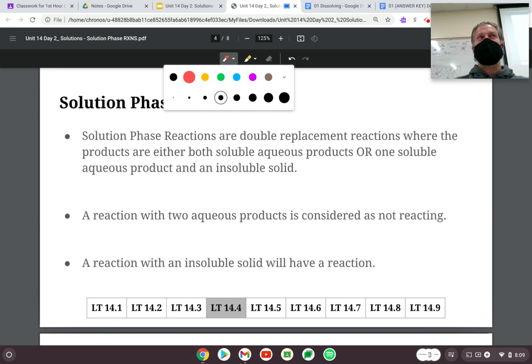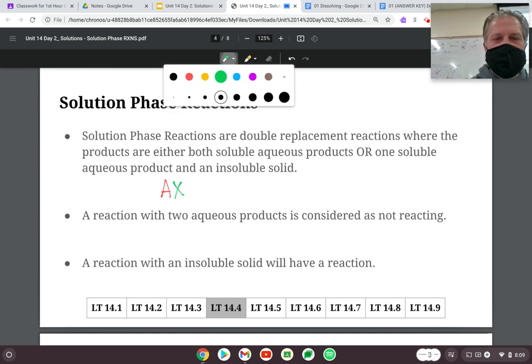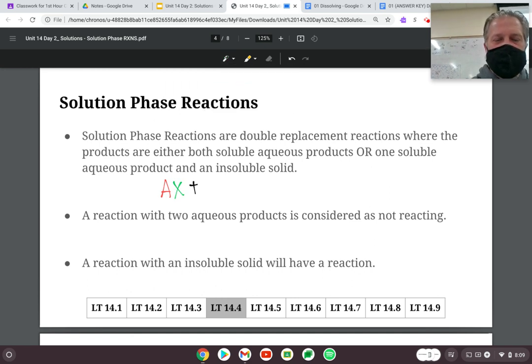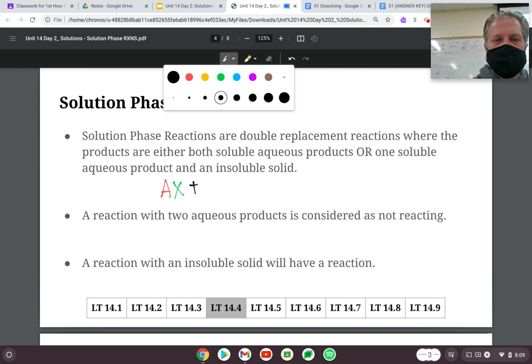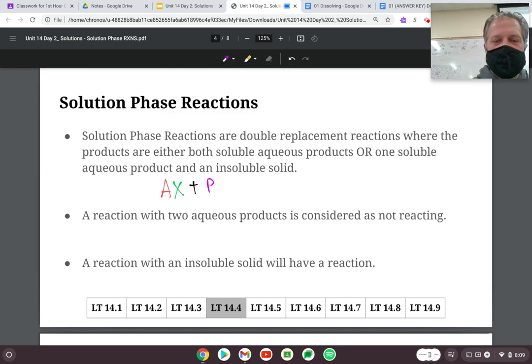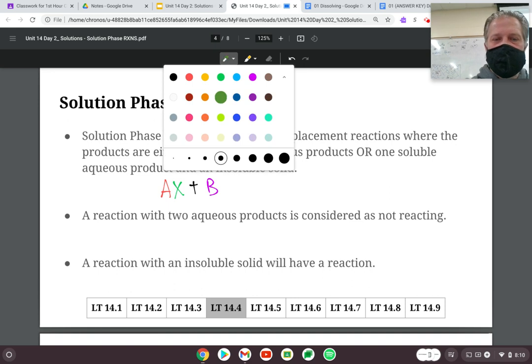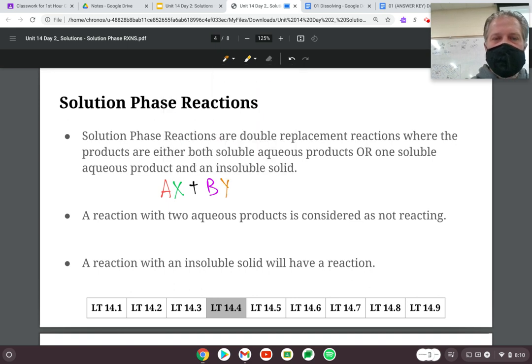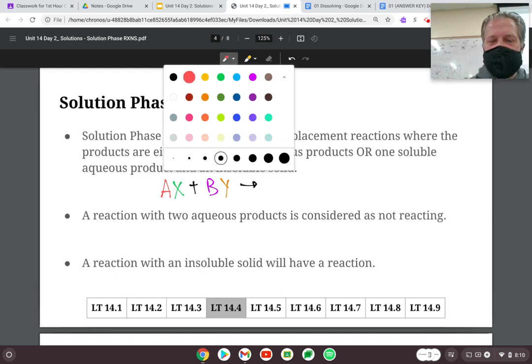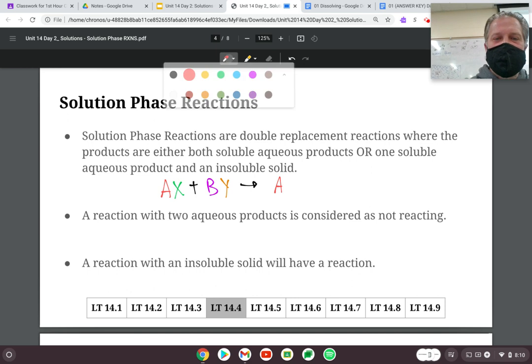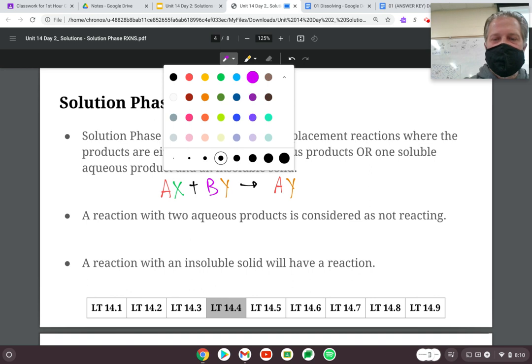So in solution phase reactions, to refresh your memory, the double replacement reaction was AX plus BY reacts to form AY plus BX.